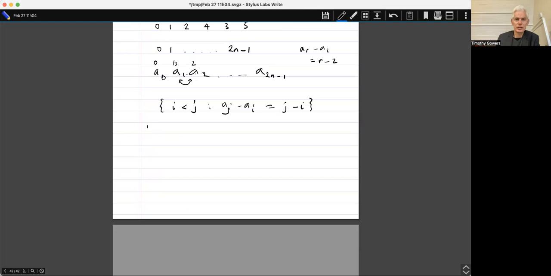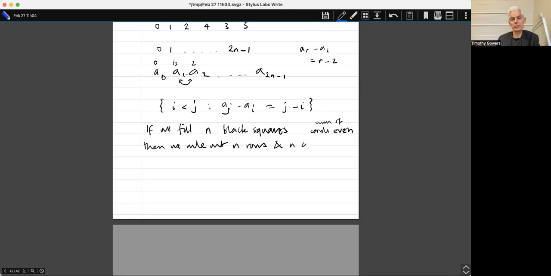So if we fill n black squares, I'll define a black square as one where the sum of the coordinates is even, and a white square is where the sum of the coordinates is odd. Then, which we can do, we rule out n rows and n columns.